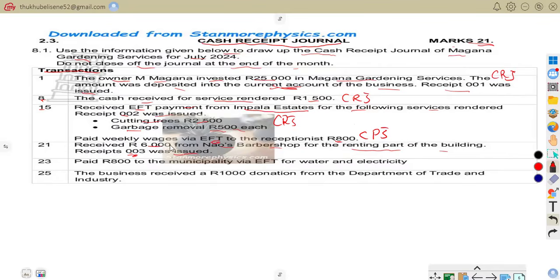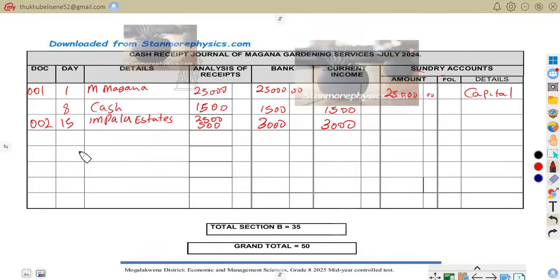So this one does affect our cash receipt journal, and we are to record it as receipt number 003 on the 21st. So the detail is going to be Naus Barber Shop. So we have said it's how much? 6,000 under analysis of receipt.